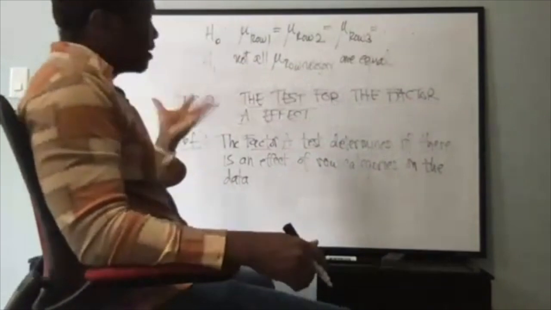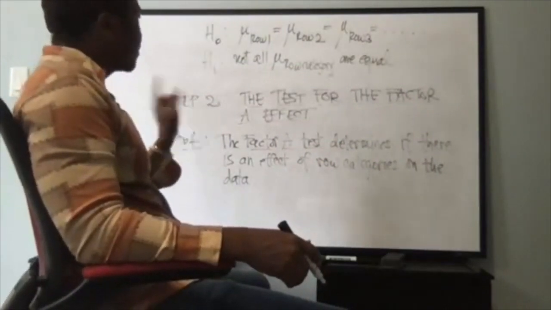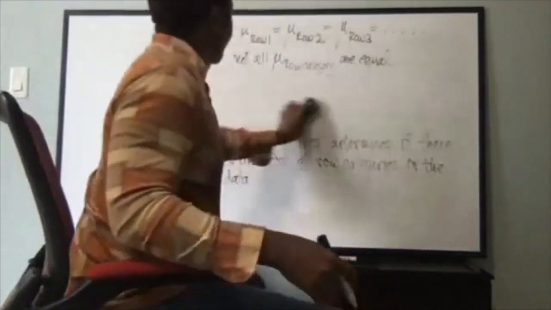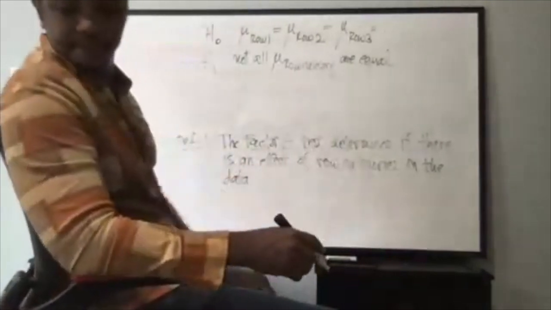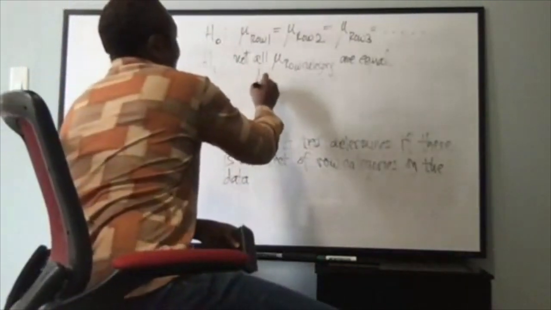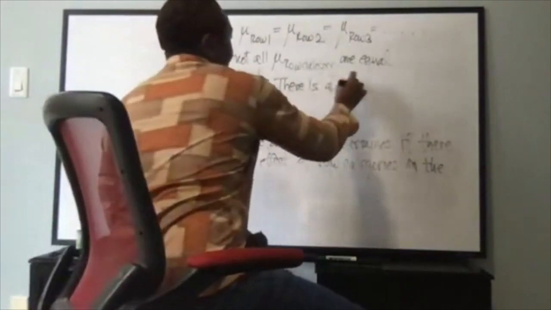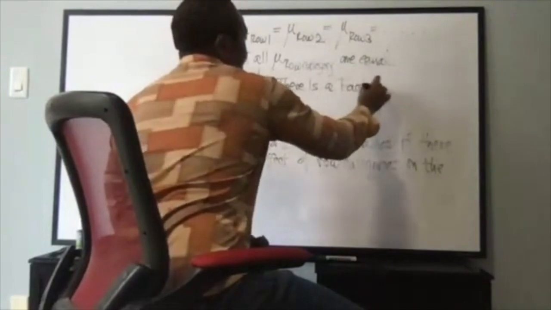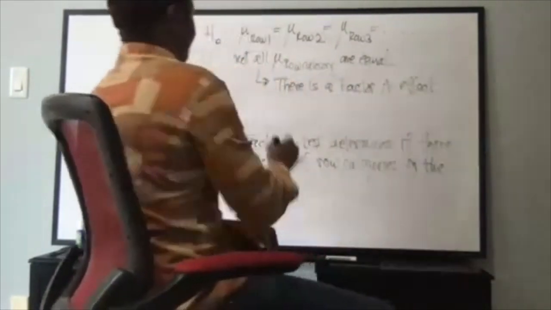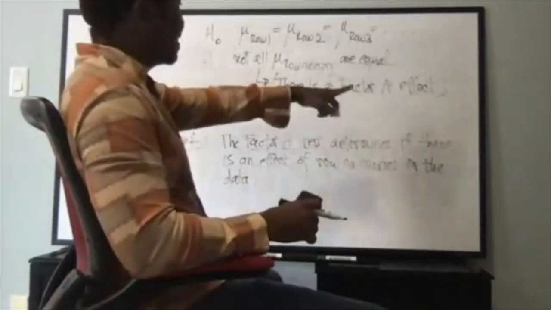Now, in the book, I'm going to rewrite H sub 1 to say it this way. Essentially, H sub 1 says there is a factor A effect. This is just another way of stating H sub 1 a different way.